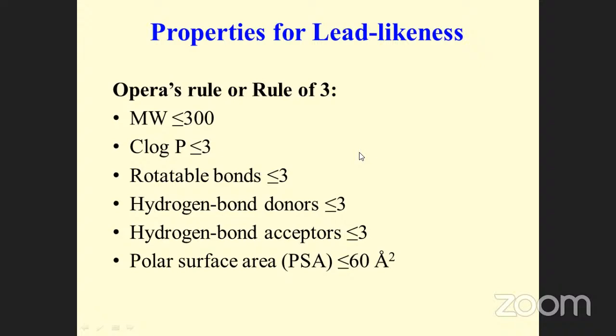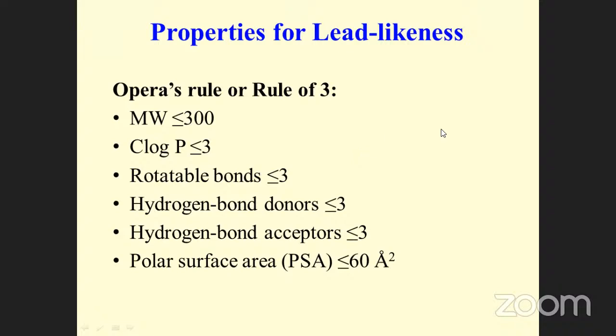She analyzed 2100 marketed drugs and clinical trial candidates and formulated that if you want to start, try to keep the molecular weight of the substance close to 300 or below 300. That's a good point to start. Then, second aspect, try to keep the lipophilicity, which is represented by log P, close to 3 or below 3. That's a good thing.